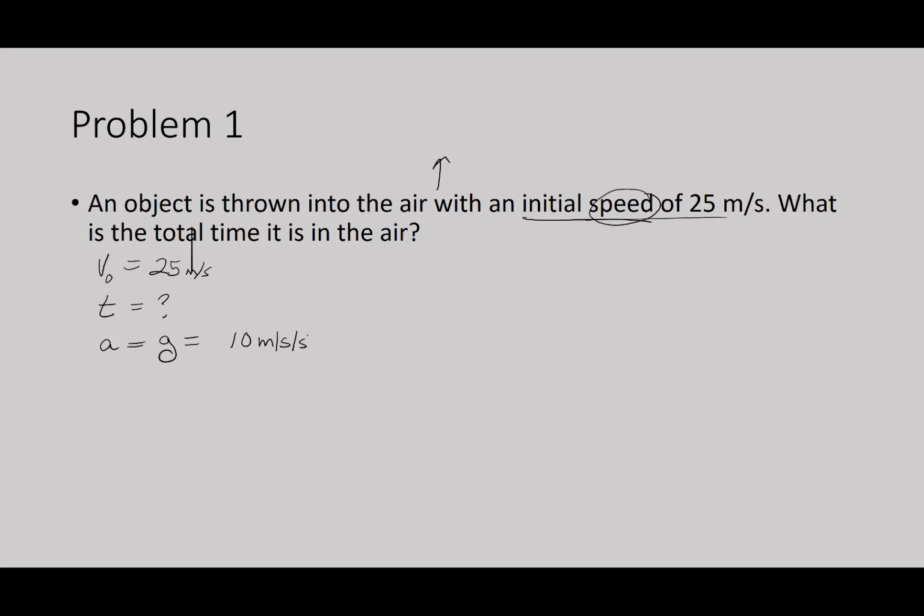Now, on problems where you have an object that's being thrown up and being thrown down, we actually need to make sure that we put the negative sign in with our gravity symbol, because this initial velocity is upward and our gravity is pulling the object downward. So we need to use the positives and negatives to indicate the direction.